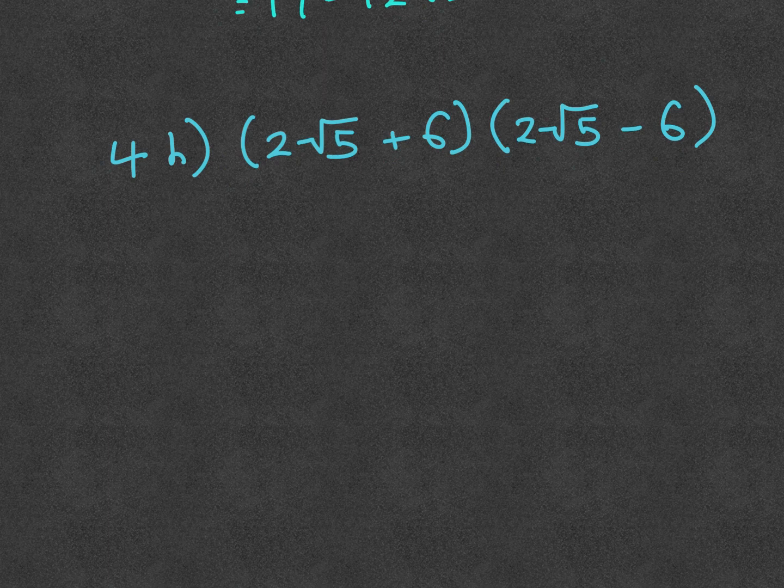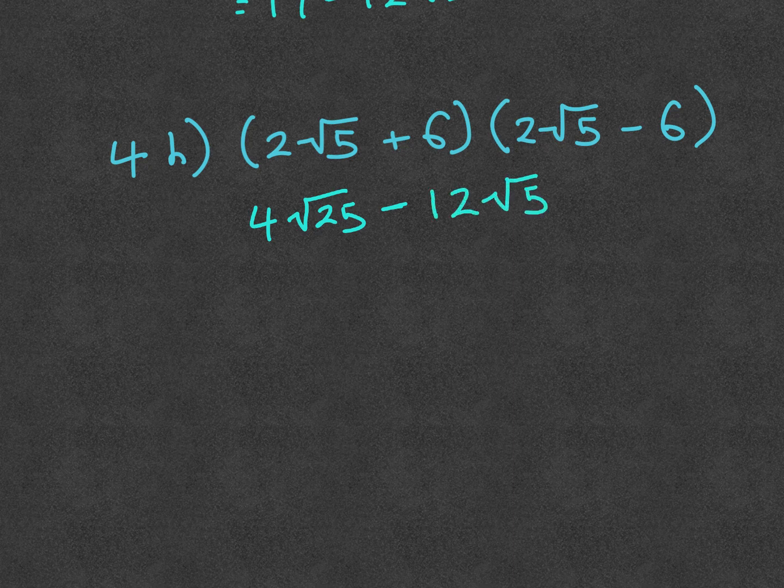Okay, final one for this slide. So another example of multiplication, again with our double brackets here, same process as above. 2 root 5 times 2 root 5 gives us 4 times root 25, plus 2 root 5 multiplied by negative 6 next, so we're going to have negative 12 root 5.